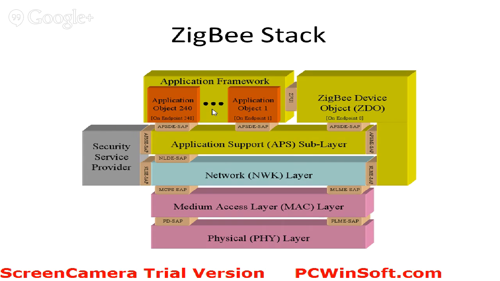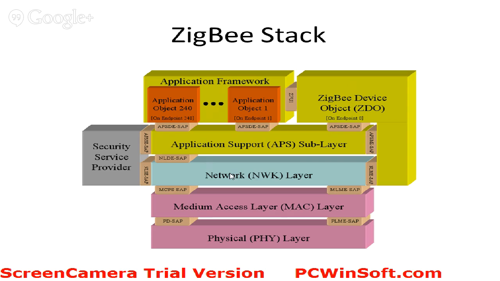Now in this picture you can see, above the network layer there is the application support sublayer. This application support sublayer acts as an interface between the actual applications and the network layer.